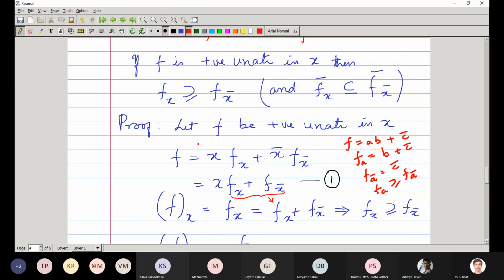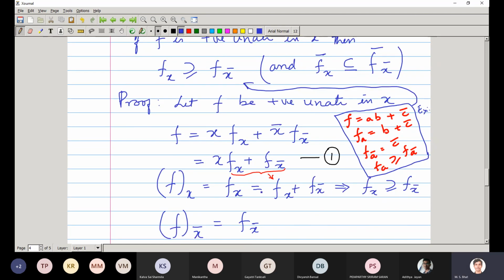This is our example for this. You can also prove that using this.